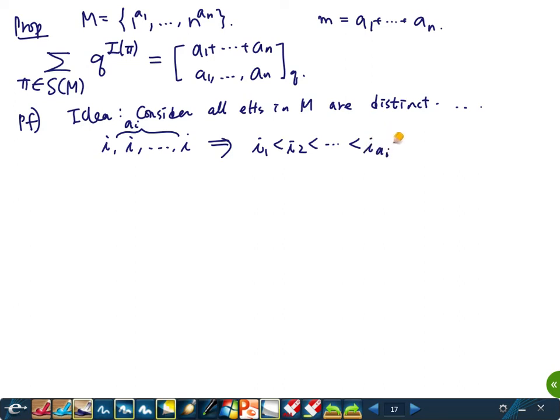A sub i. Let's rewrite this by putting subscripts. And just suppose that they're all distinct and in this order. Okay? And of course, we have to compare i_x and j_y. We can always respect the usual order like that.